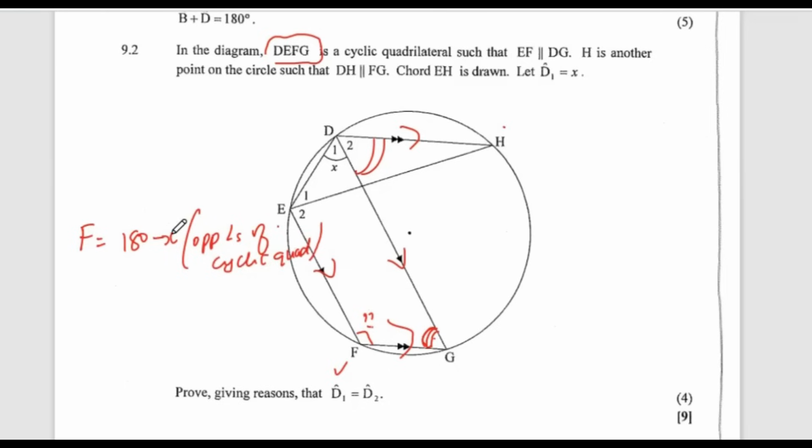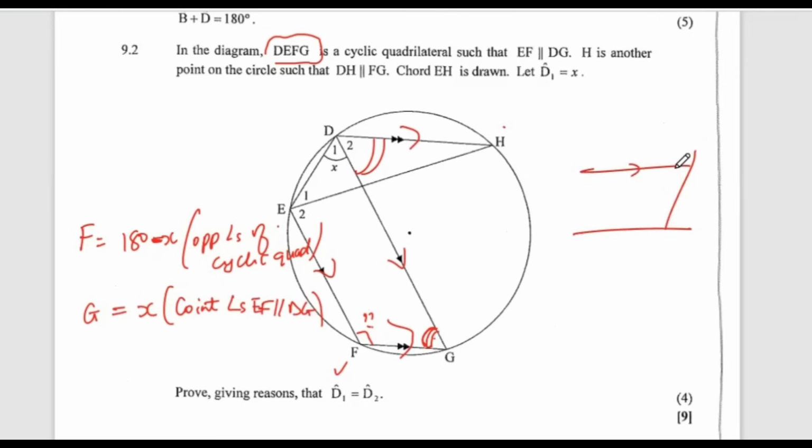Then if F1 is 180 minus X, I need to find G. So I'm saying G is going to be X. Reason: these are co-interior angles, because EF is parallel to DG. Remember, if you have two parallel lines, this angle and this angle must add up to 180.